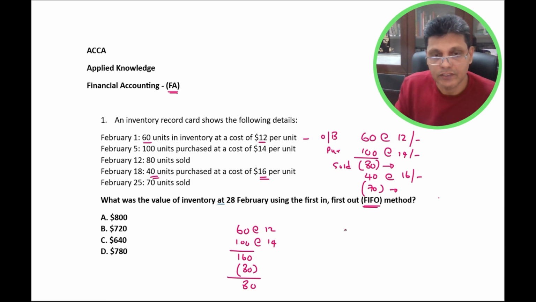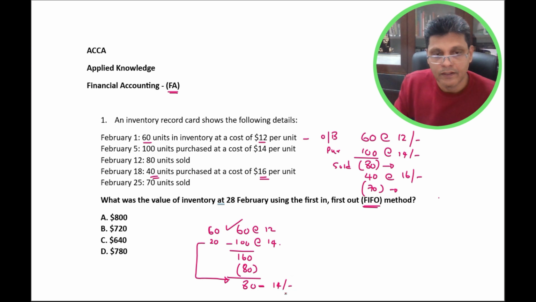Since we use the FIFO method, of the 80 sold, 60 will be issued from the first stock and the remaining 20 from the 100. So the available 80 is from the stock at the rate of 14.